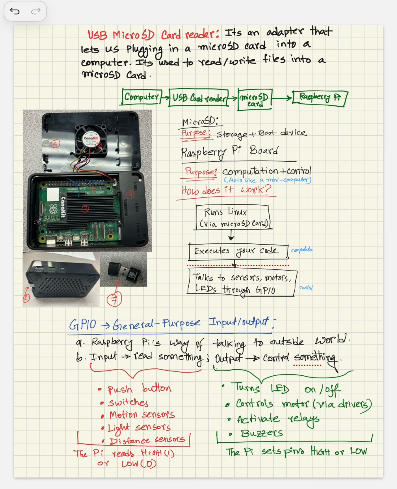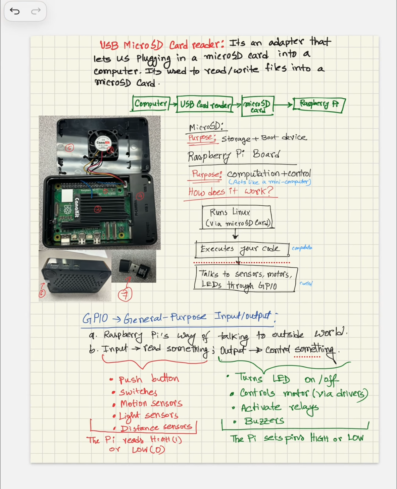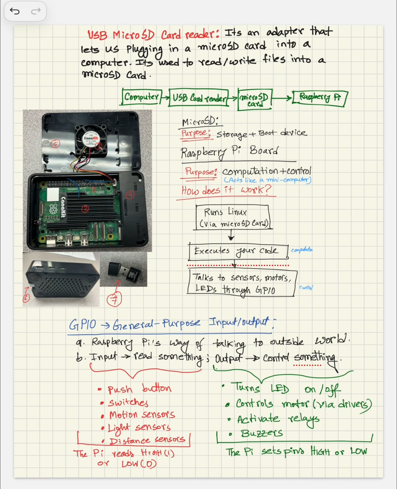And then it goes to the next step, which is the Raspberry Pi. The purpose of the Raspberry Pi board is computation and also control. As I said before, it acts like a mini computer. But how does it actually work? First, it runs Linux via the micro SD card.